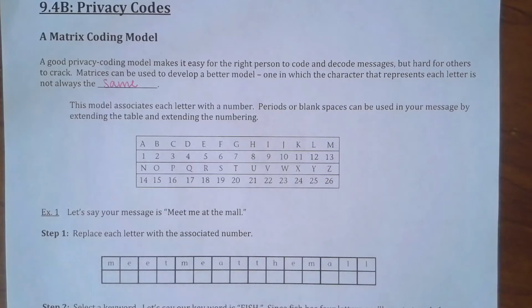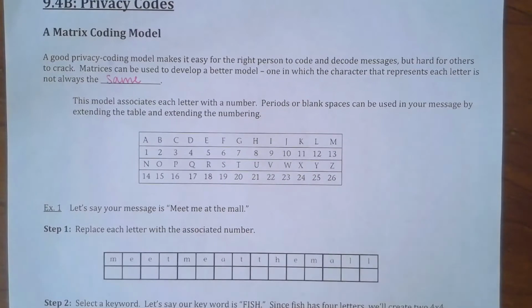So an E might be an F in a substitution cipher, but in these types of ciphers, an E is not always an F. And so that makes it kind of tricky because once you've decoded one letter, it doesn't mean that every other letter is going to be replaced with that same letter.